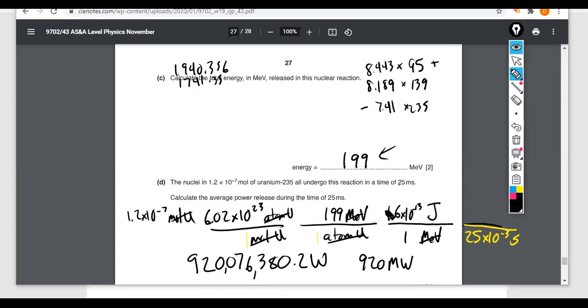I feel like we might have missed an order of 10 there. Let's just double check that calculation. All right, let me check this again. 1.2 by 10 to the negative 7 times 6.02 by 10 to the 23 times 199 times 1.6 times 10 to the negative 13 divided by 0.0025.